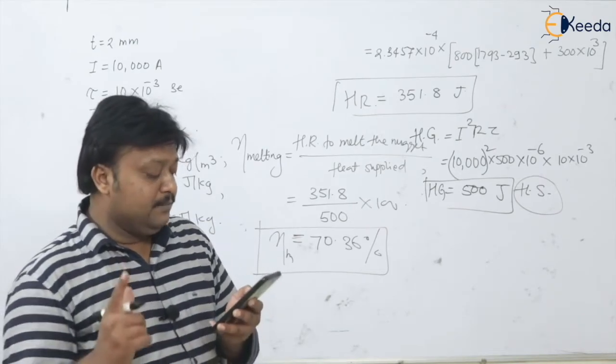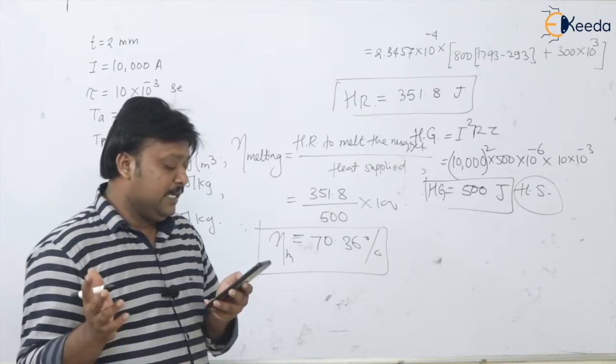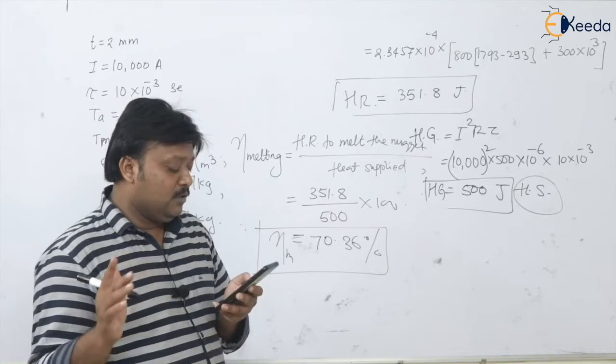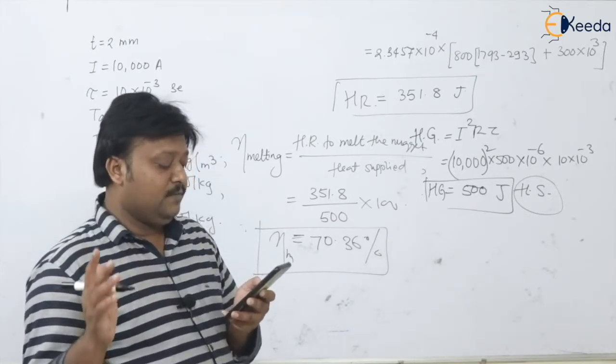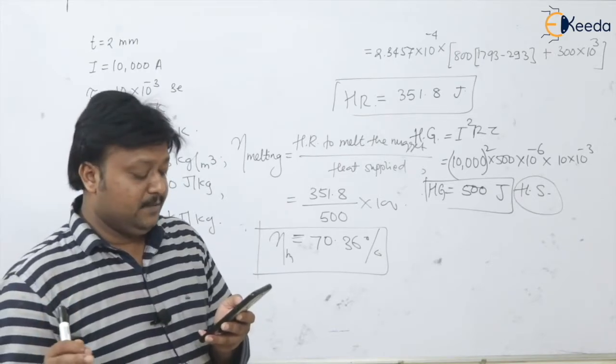The two 8 mm thick steel plates are placed 5 mm apart and welded by butt joint. Welding is carried out at 20 volt and the speed of 5 mm per second. The heat transfer efficiency is 0.8.